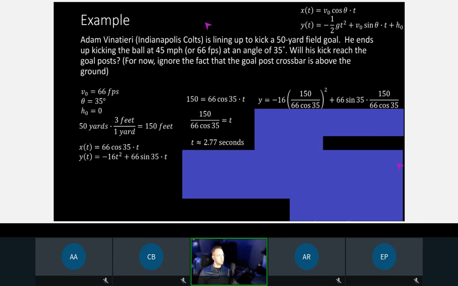Anybody else want to type it in? All right. One person typed it in. Lovely.